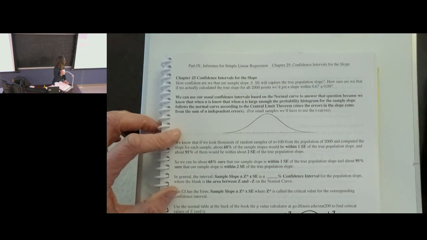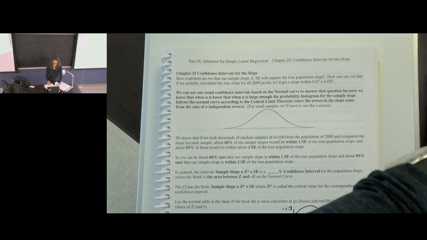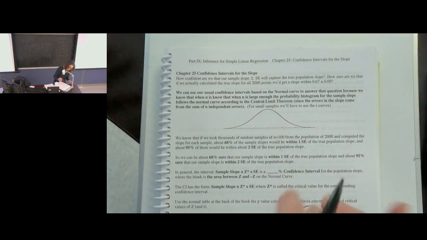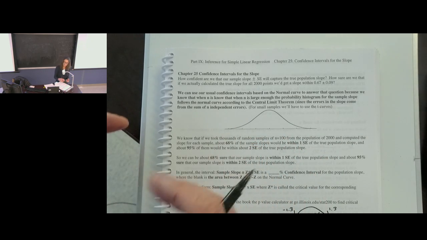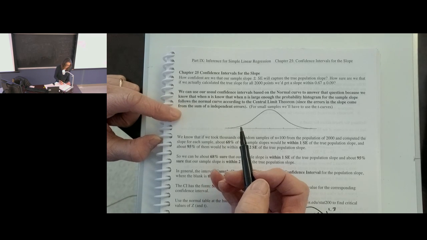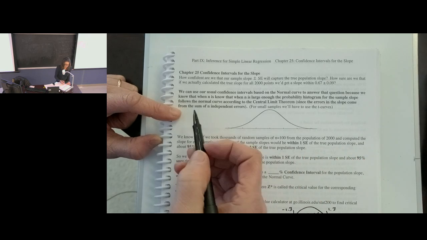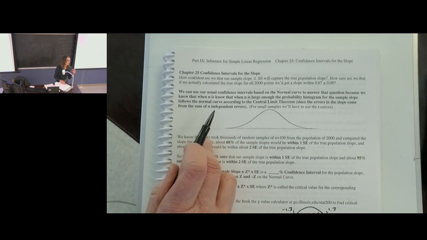All right, now let's think about why we can do this. First of all, we're using the normal curve. Why can we use the normal curve? It's because of the central limit theorem. If our sample size is big enough, then we can think of all those independent random errors as being the sum of n independent errors.